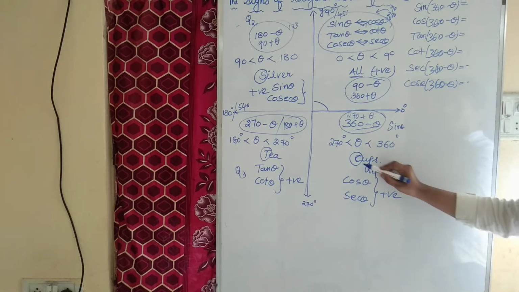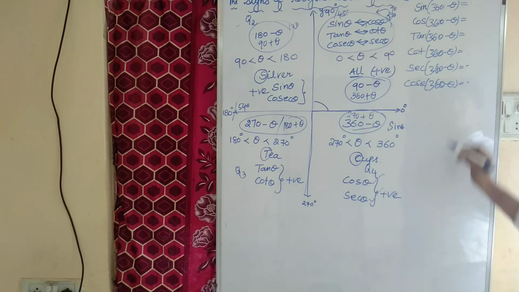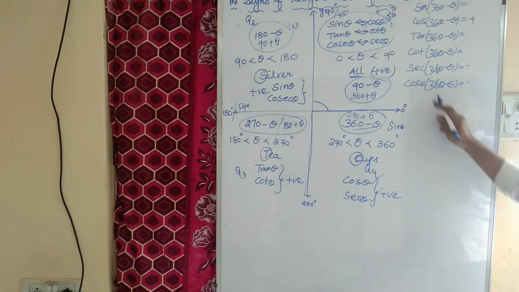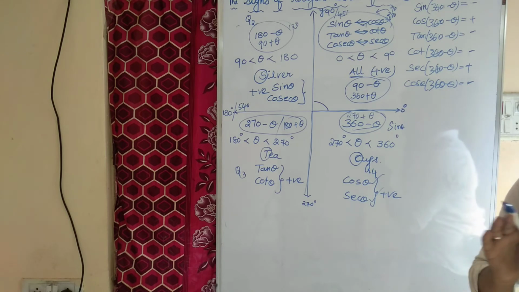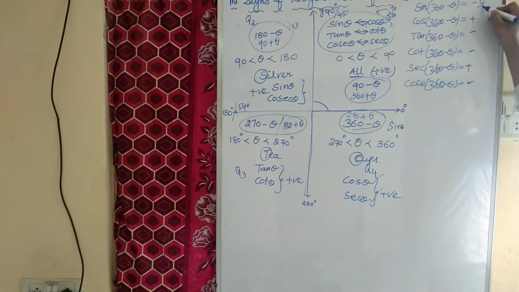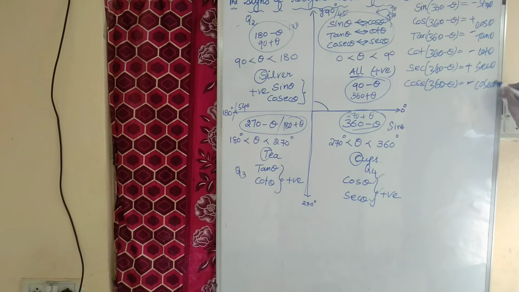So in the fourth quadrant, cos and sec will be positive, and the rest of the trigonometric ratios will be negative. If it is 360, there is no change in its trigonometric function: sine only, cos only, tan only, cot only, sec only, cosec only. This is our fourth quadrant.